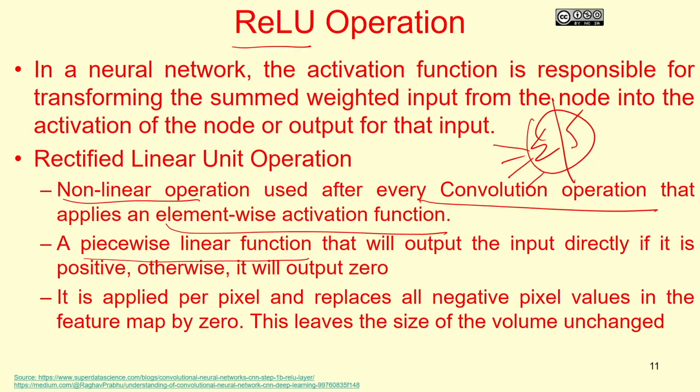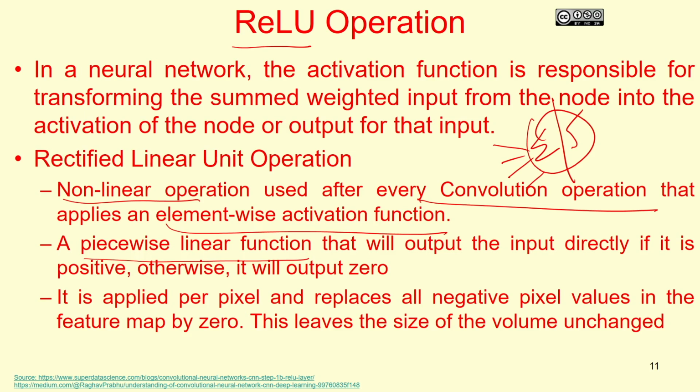Let me explain on the next slide how it is. When it reads the input and if it is positive, then it will leave it. In case the input is negative, then it converts the negative value into a 0. That is what it is doing. It is a piecewise linear function. So, it is applied per pixel, each and every pixel.